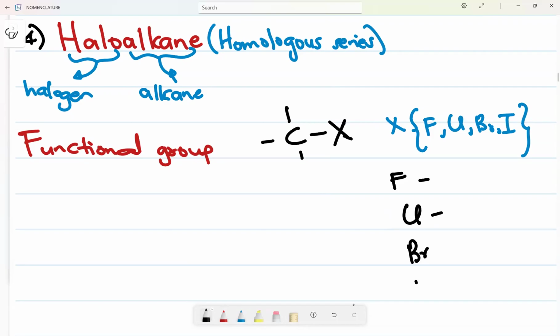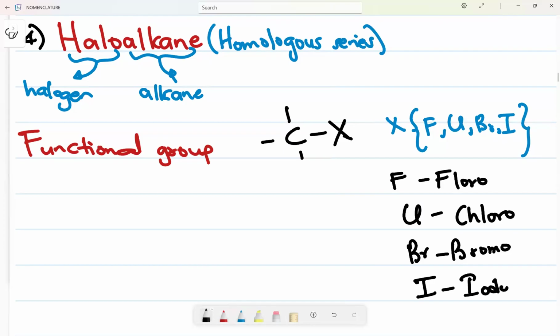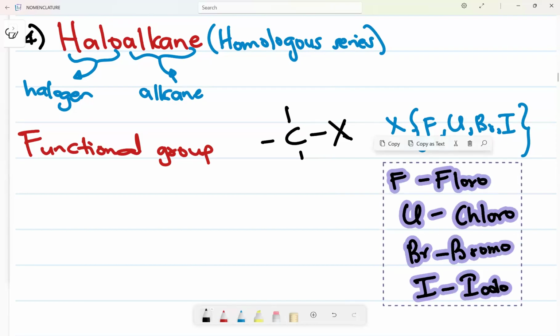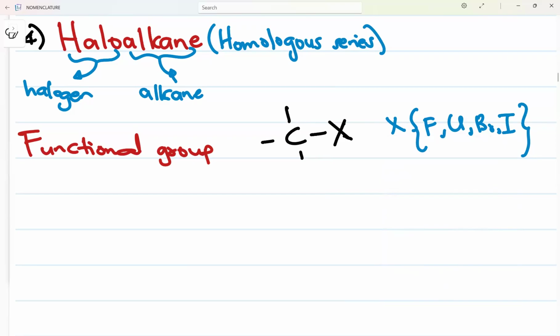I won't say 2-fluorine hexane, maybe. I'll rather use fluoro, here chloro, here, can you guess bromine? Bromo. Iodine? Iodo. These are the words that we will be using for our substituents.